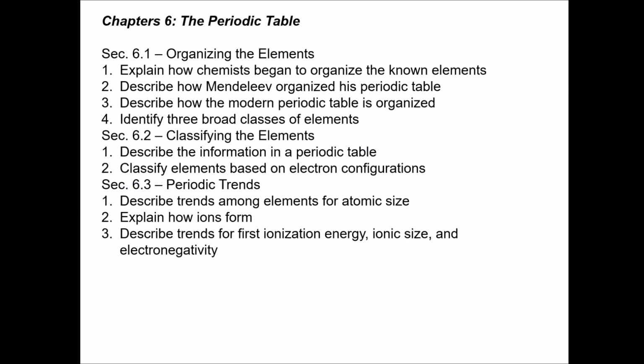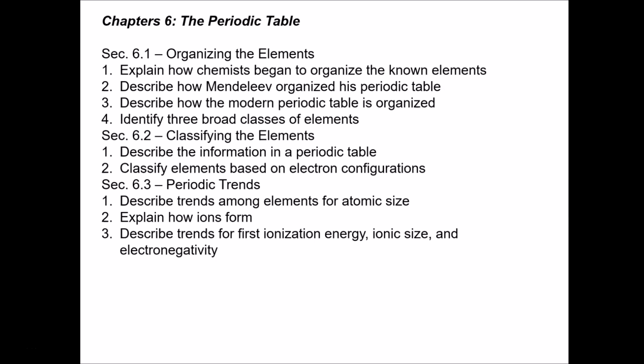So for chapter 6, this is the chapter that we're working with here. The chapter 6 on the periodic table is split up into, again, objectives. So make sure that you are aware of what you need to be learning by the time we get done with this chapter.